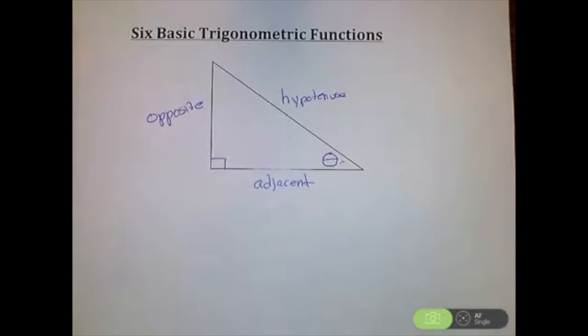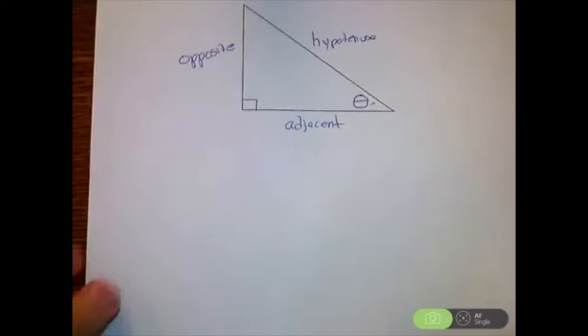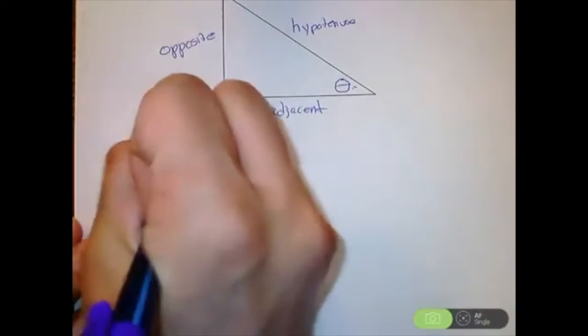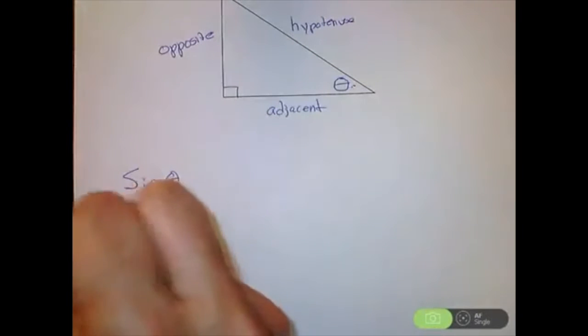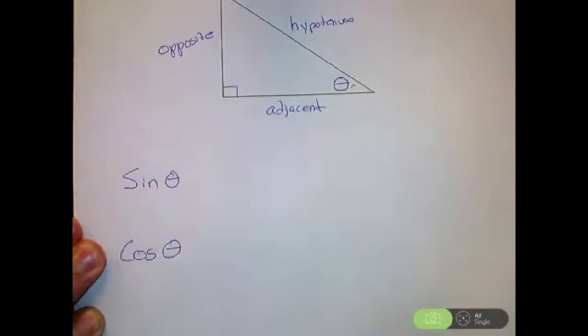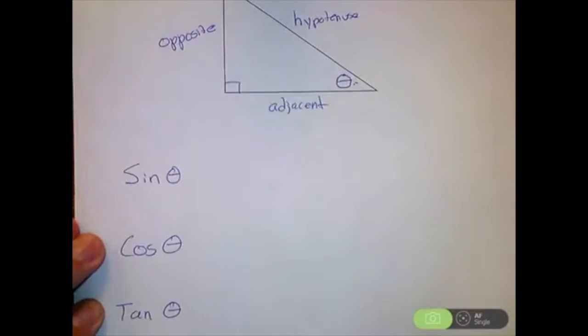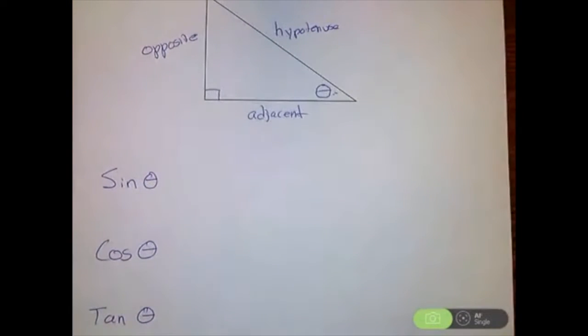The 6 trig functions that we're going to talk about, and you might have heard of 3 of these. We're going to talk about sine, cosine, and tangent. Those are 3 pretty common ones.